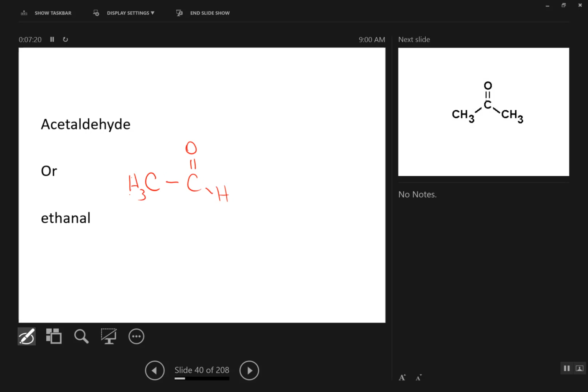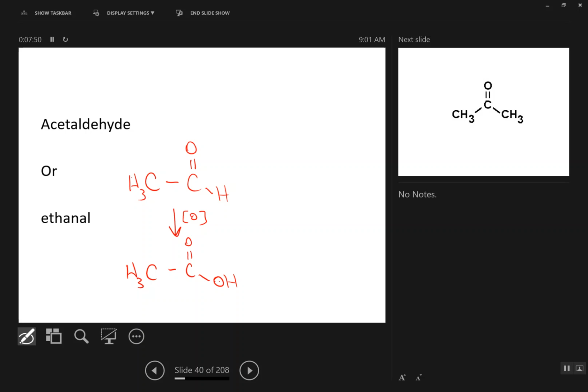That can oxidize into acetic acid. Acetic acid or ethanoic acid if it was a 2-carbon acid.